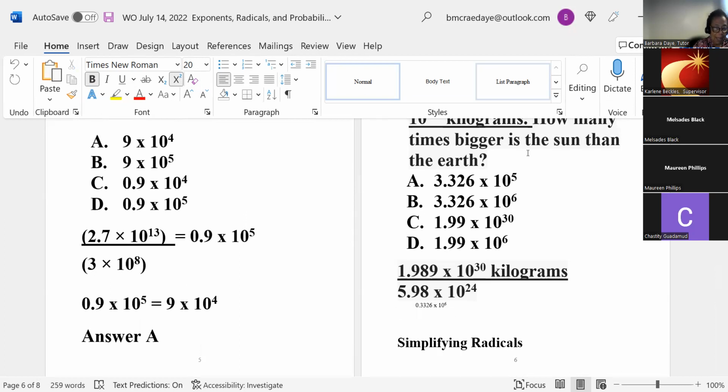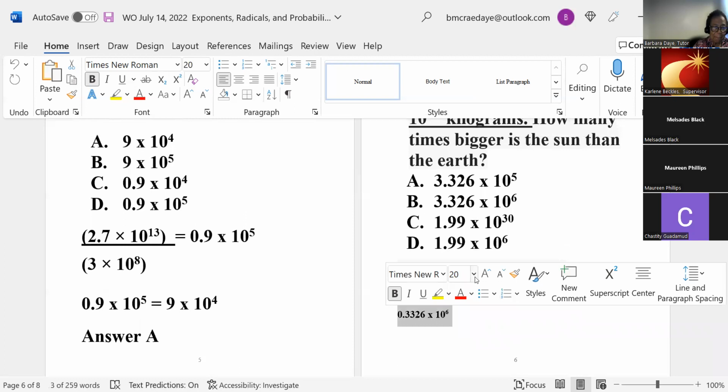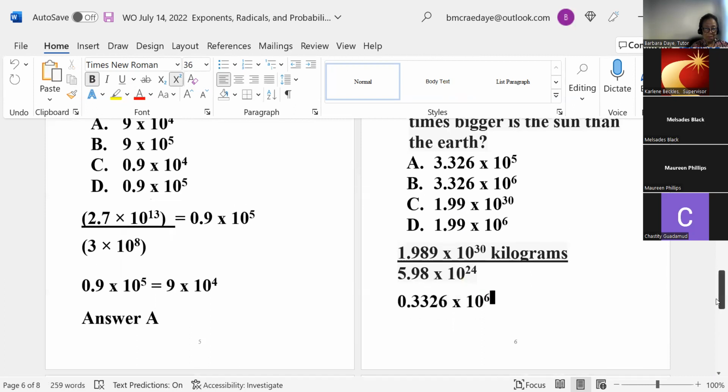Okay. Now, do you see that answer? Is that one of the choices? It doesn't say 0 point though.